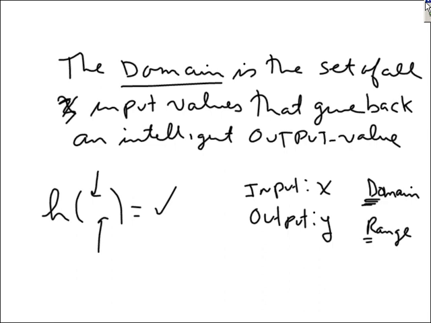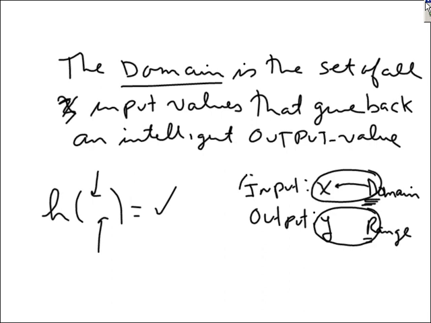D comes before R. D talks about the x values because x comes before y. The earlier letters pair up and the later letters pair up. D goes along with x, which is the input, and R goes with y, which is the output.